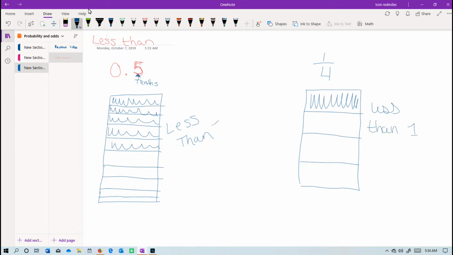I only have 1 out of 4. But to obtain the whole thing, I would have to color in all 4. So down here, I'm going to put 4/4. This equals 1 because my thing is cut into 4 pieces. I color in all 4 of the pieces. I've colored in 1 whole thing. So whenever I see 4/4, I should think 1.